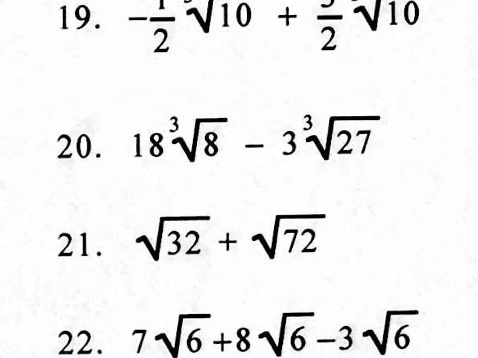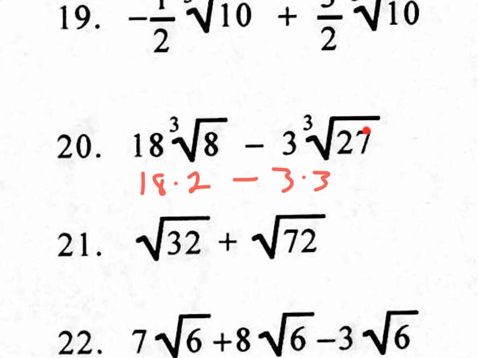Not only that, it's not even the square root, it's the cube root. And we should know how to do the cube root. Instead of a square root where you say what times itself gives you the number on the inside, it's what times itself 3 times will give you 8. 2, right? 2 times 2 times 2 gives you 8, and that's the 3rd root right there. So what we really have on number 20 is 18 times 2 minus 3 times 3.